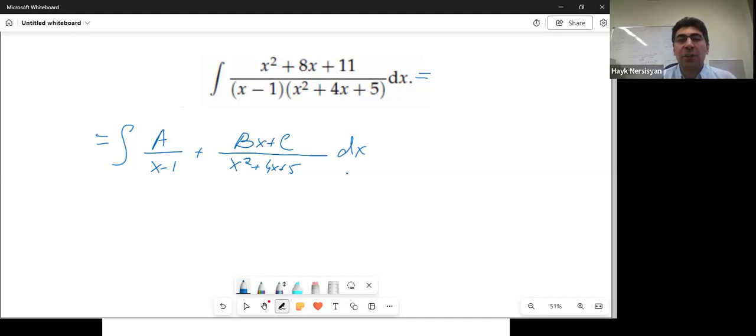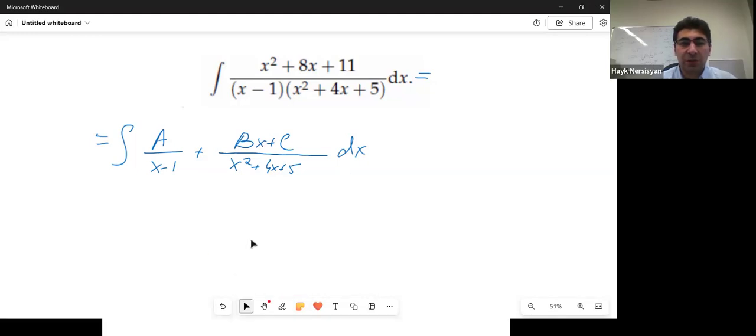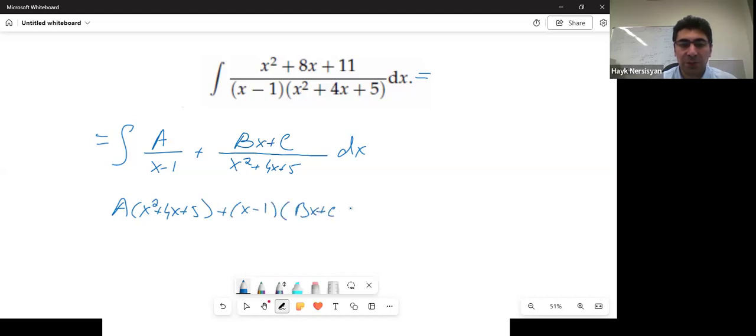After this, we have to find these coefficients a, b, c, and then integrate these two integrals. So bringing the common denominator, a will be multiplied with x squared plus 4x plus 5 plus x minus 1 multiplied with bx plus c, which should be equal to x squared plus 8x plus 11.